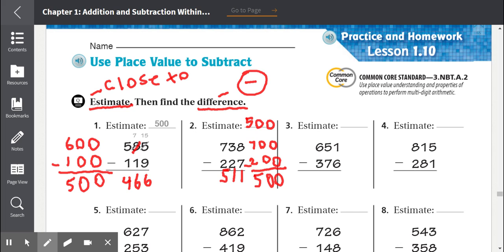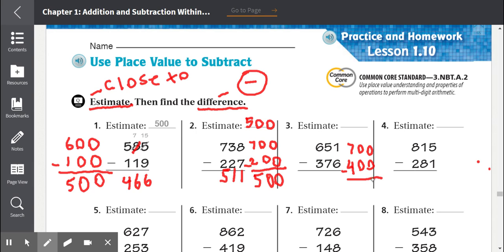Number 3, 651 minus 376. First thing we do is estimate. So let's begin by rounding the numbers. So let's round these two to the hundreds place. So 651 is between 600 and 700, but it is closer to 700. 376 is between 300 and 400, but it is closer to 400.